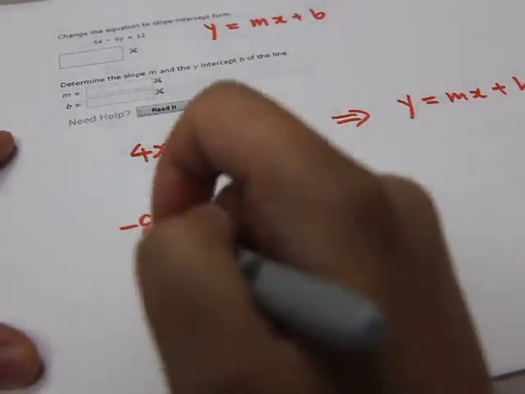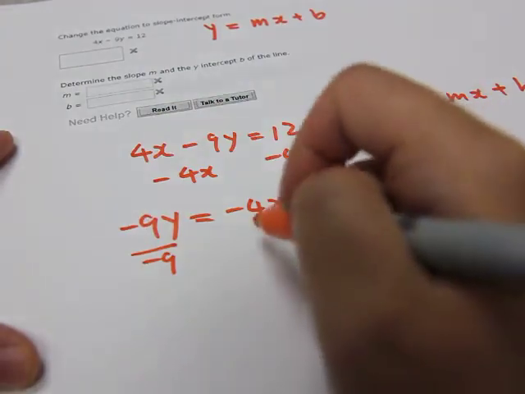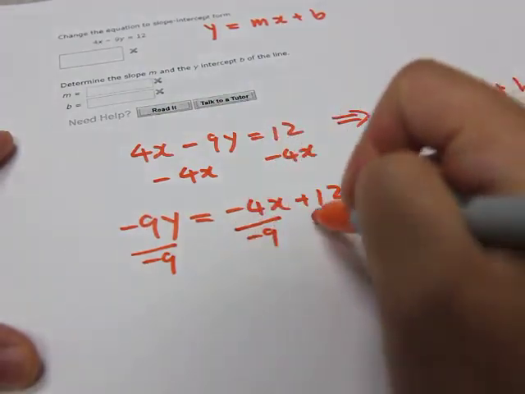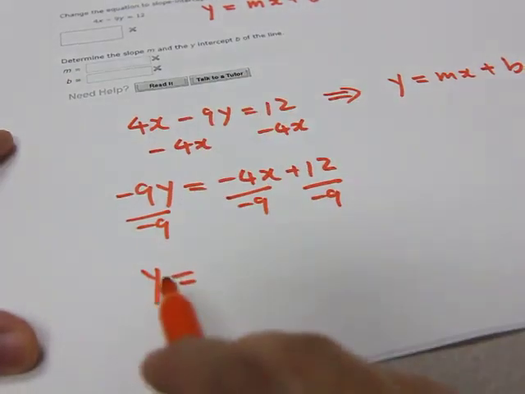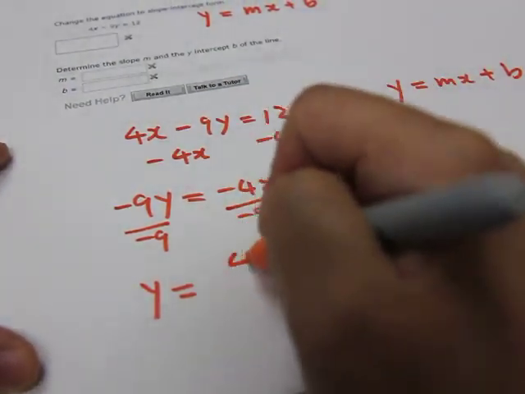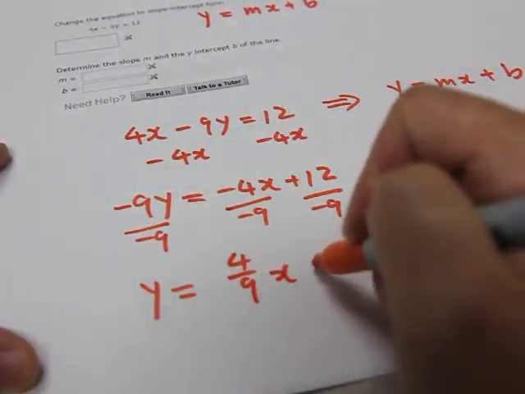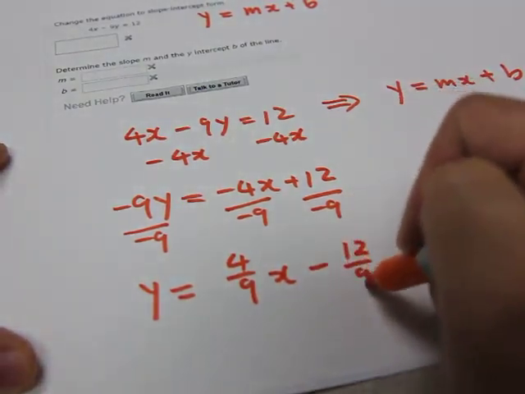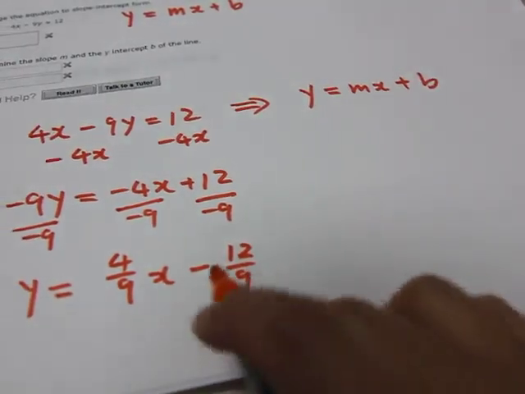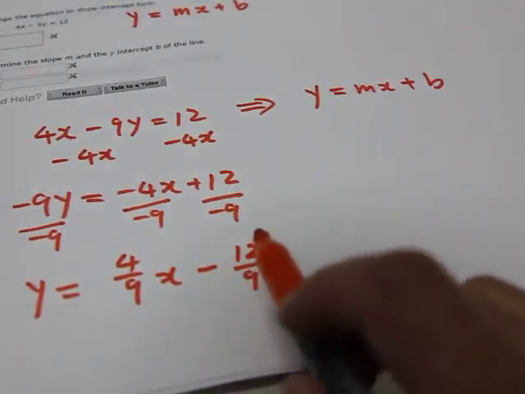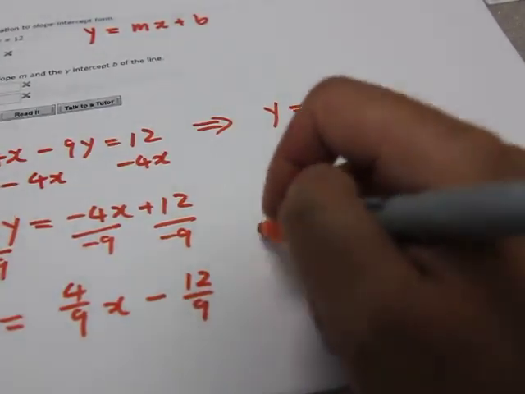And then I divide it by negative 9. So y will be 4 over 9x minus 12 over 9. And we can simplify 12 over 9 into 4 over 3.